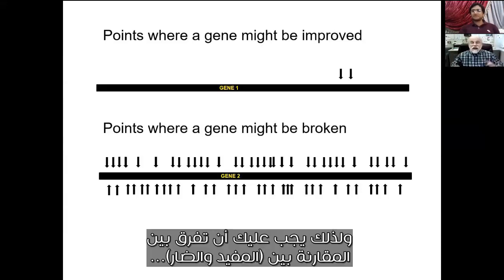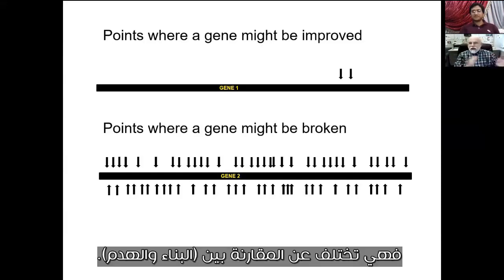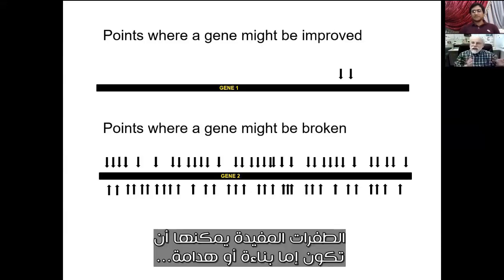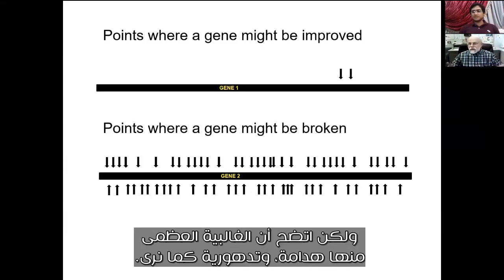constructive. So you have to separate helpful versus deleterious. That's different than constructive versus destructive. Helpful mutations can be either constructive or destructive, but it turns out that overwhelmingly they are destructive, degradative that we see.